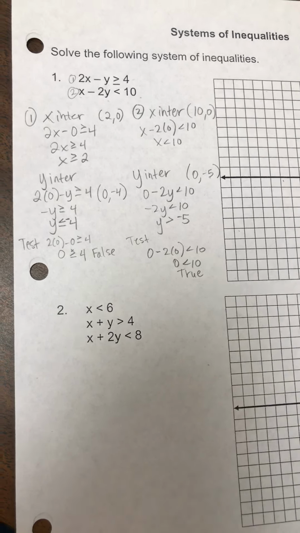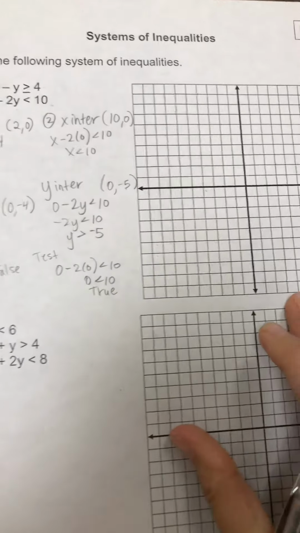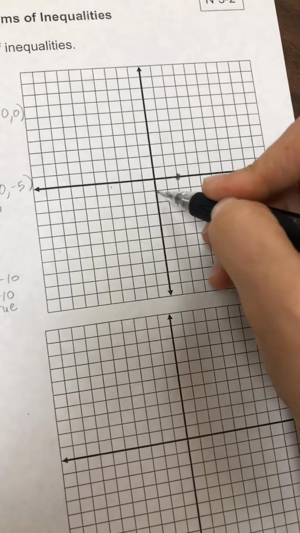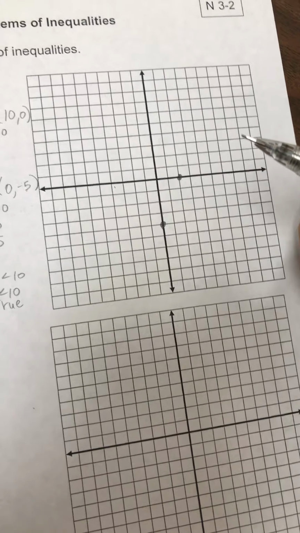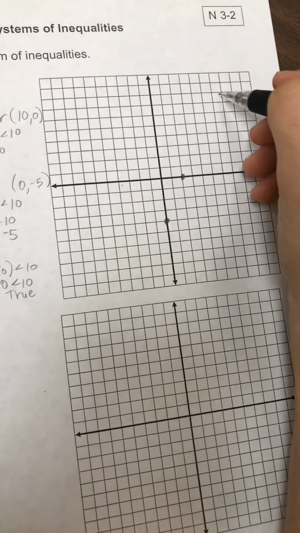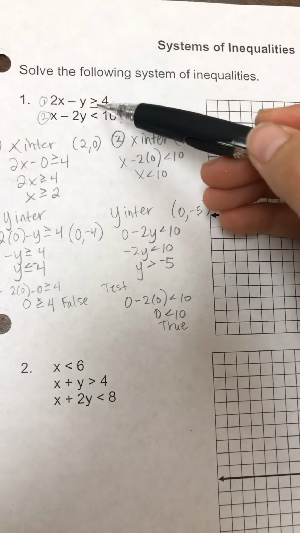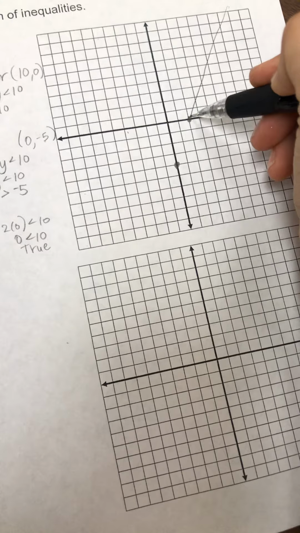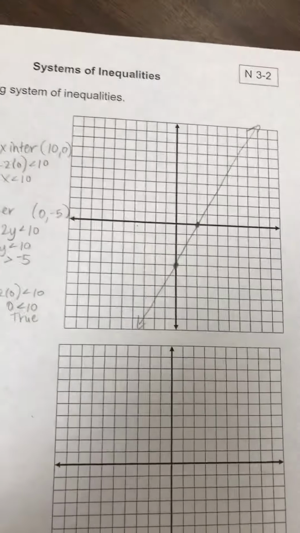All right, so let's graph our first line at (2, 0) and (0, -4). So you have (2, 0), and (0, -4). Okay. So now you're going to draw your line, and this is greater than or equal to, so it's a solid line. Like that.